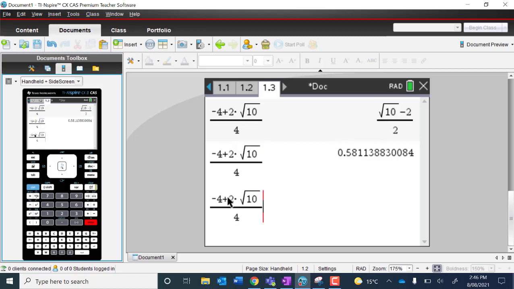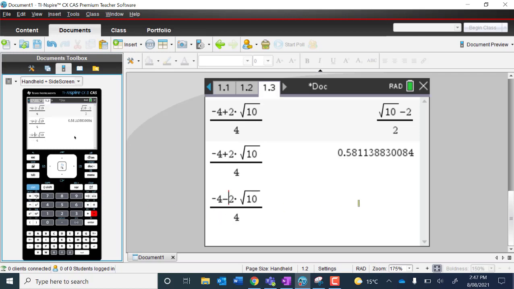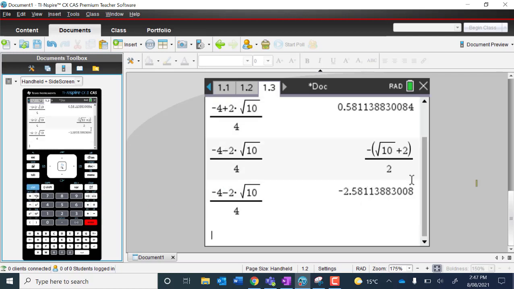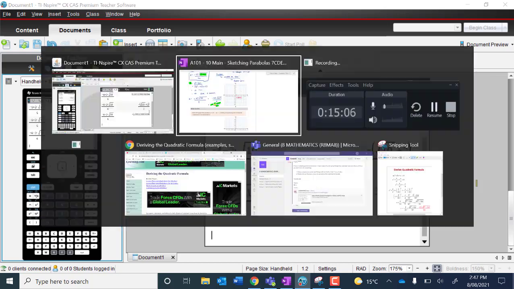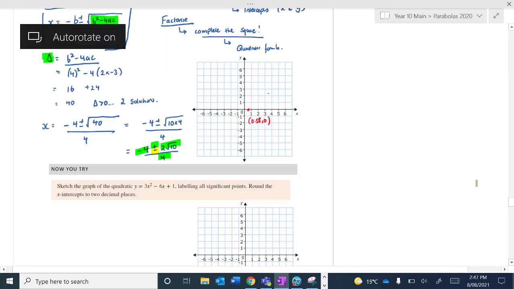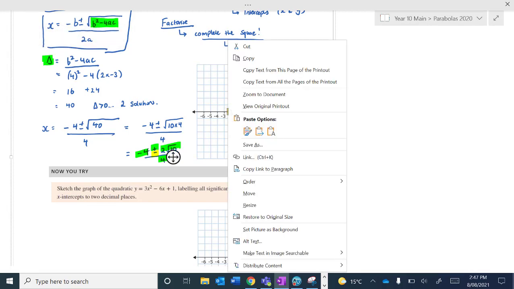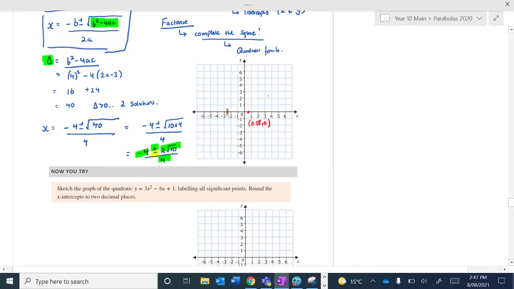This is doing some pretty strange things, but I'm going to delete that and go minus, enter. Look at that, minus 2.58, which is somewhere over here, just a little bit more. So that's minus 2.58, 0.